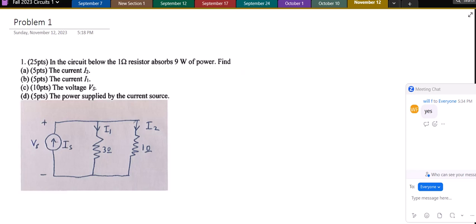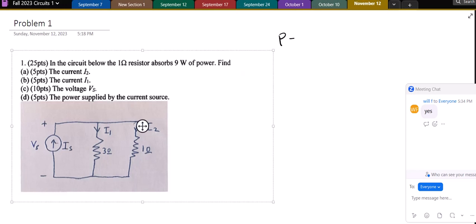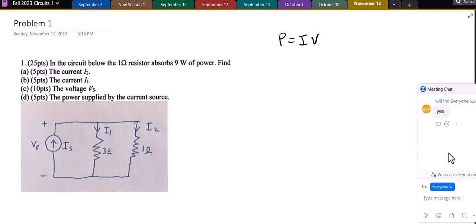so on this first problem, what we are given is a description of a circuit, and we have that the 1 ohm resistor absorbs 9 watts of power. So when you see power, you know that power equals IV, and that's the only formula I ever remember, although I think that y'all had access to your notes so you could have had the others written down, but I always just derive the others.